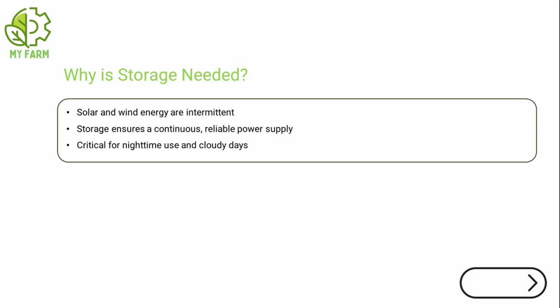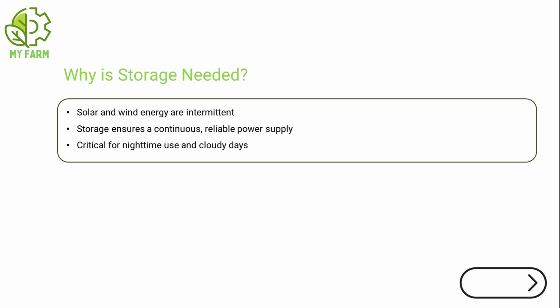Storage systems, such as batteries and thermal units, capture excess energy when production exceeds demand and release it when supply is low. This ensures a continuous and reliable power supply, which is especially important for critical operations like irrigation, refrigeration, lighting, and climate control in greenhouses.